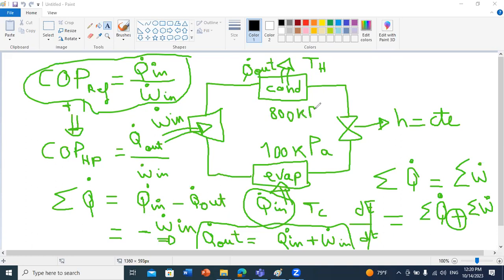In addition, I should give you information about the states for the compressor and the expansion valve. So let's say I tell you that at the compressor outlet, you have a temperature of 50 degrees, and at the compressor inlet, you have a temperature of, let's say, minus 20 degrees.